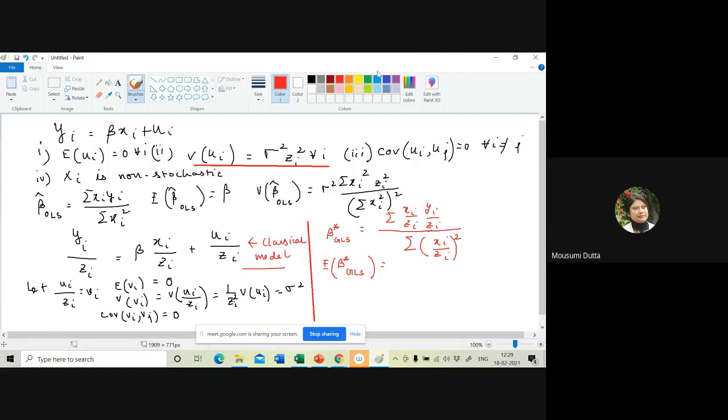Replace this part by this part. Replace Yi by Zi by beta Xi by Zi plus Ui by Zi, and find out expectation of beta star GLS.